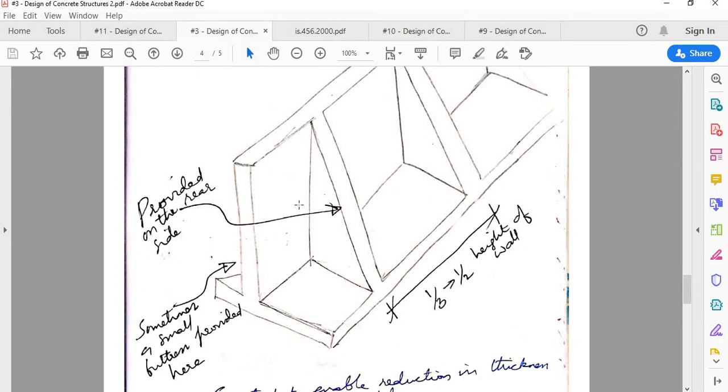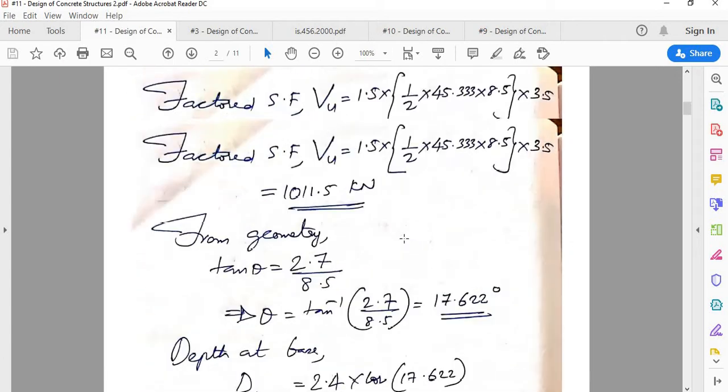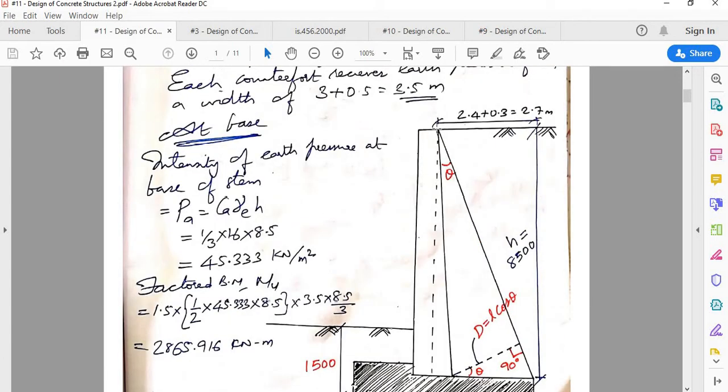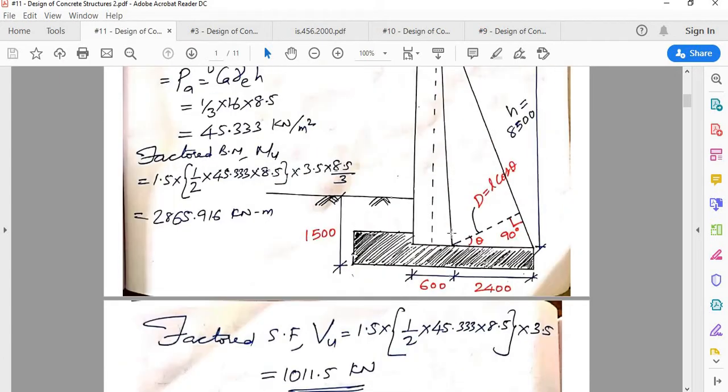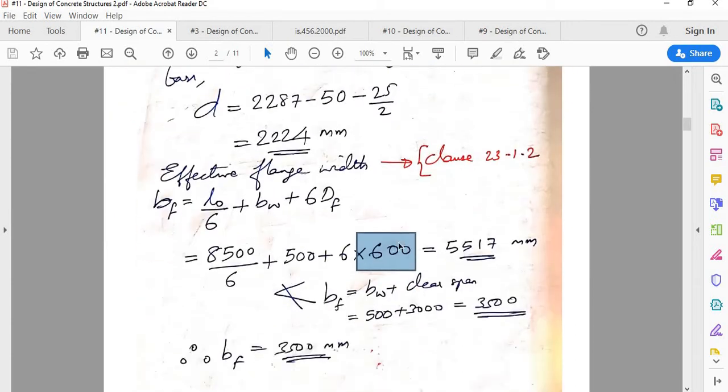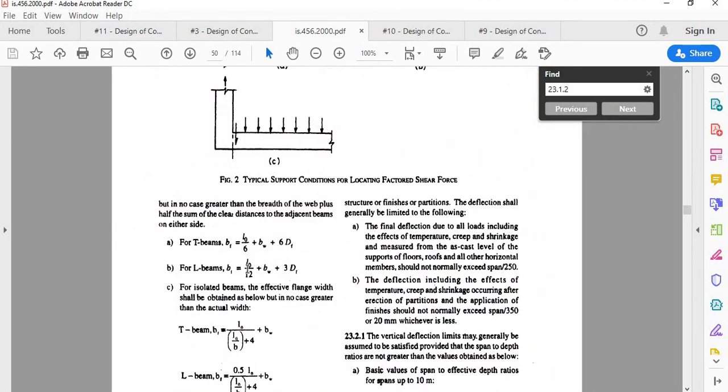Actually it's not the top portion, because we are dealing with the base. We have seen that this counterfort is tapering from 300 to 600 at the bottom, right? So the depth of flange is 600 for the T-beam at the base. This is the formula for BF as per IS 456.